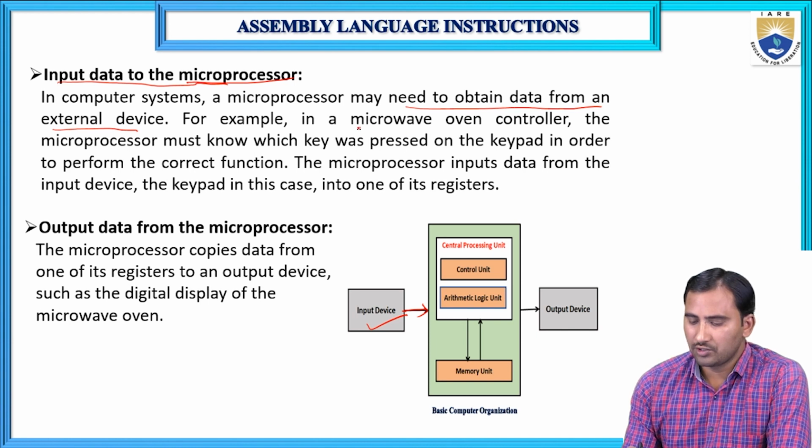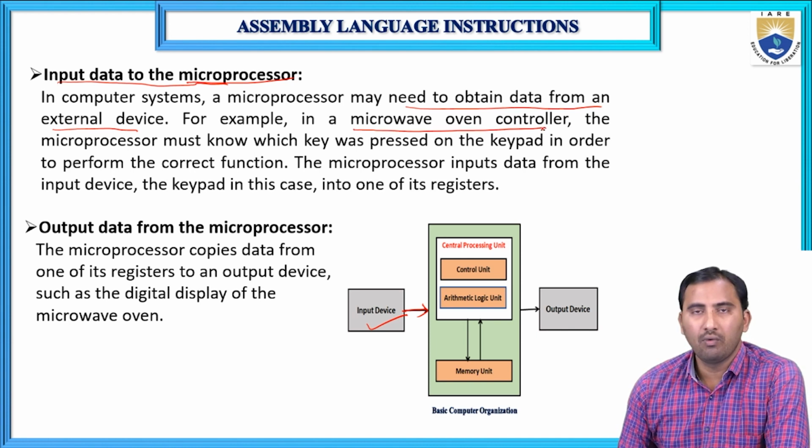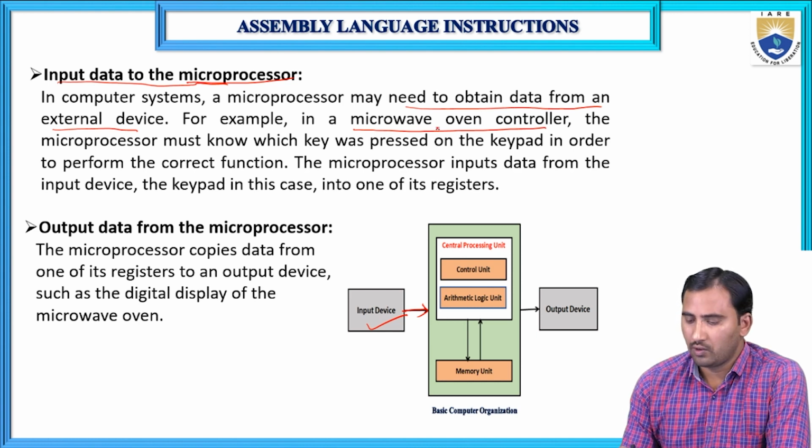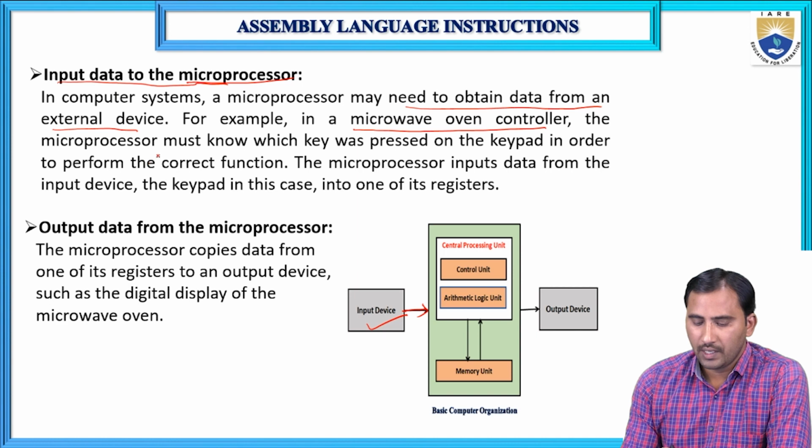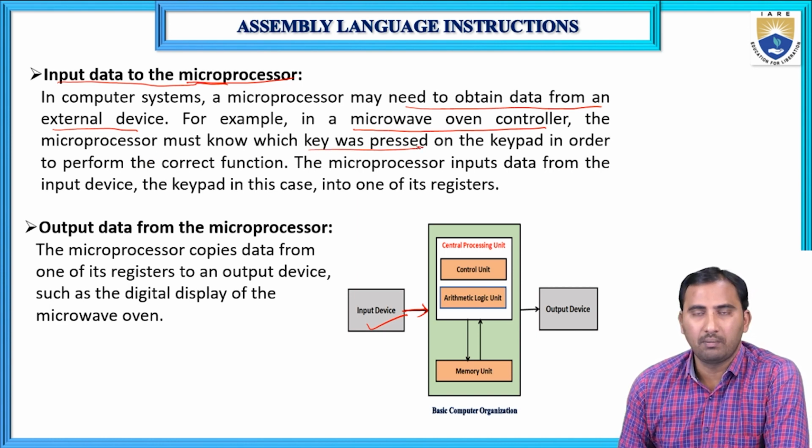Suppose, for example, you consider a microwave oven controller. The microprocessor must know which key was pressed. In a microwave controller, a keypad is given, that means switches to interact with the microwave oven, because the microwave oven can be used to heat food.